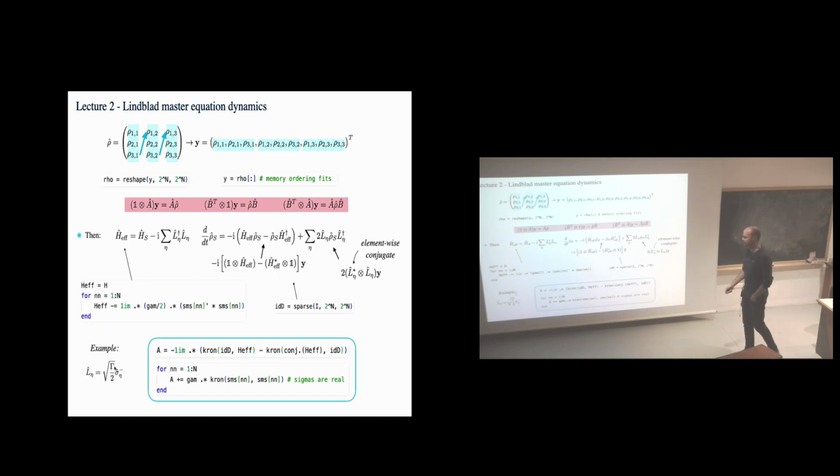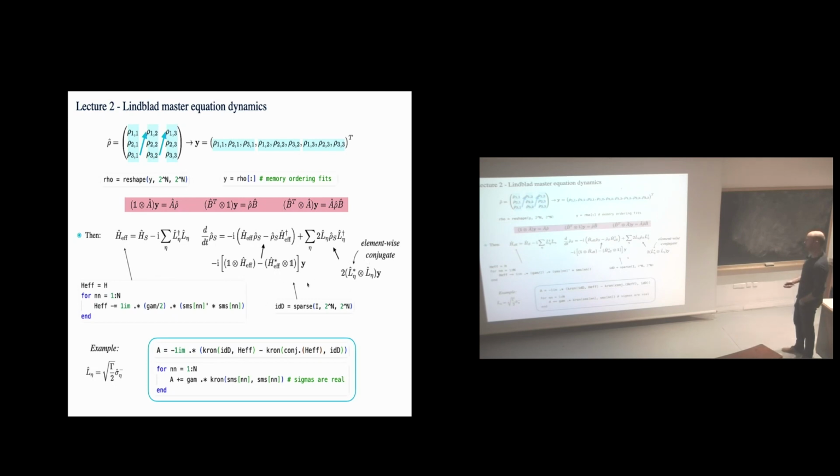So for each of my spins, I take this Lindblad jump operator, which takes me from the excited state to the ground state with some rate, gamma. So the effective Hamiltonian is just simple. I just take my normal Hamiltonian, and then I just subtract from it this negative imaginary part with gamma over 2 times, again using my lowering operators defined on the whole Hilbert space of the system. Very sparse.